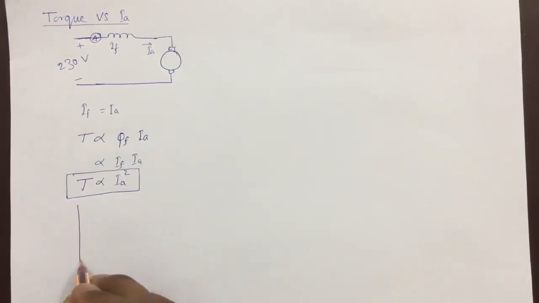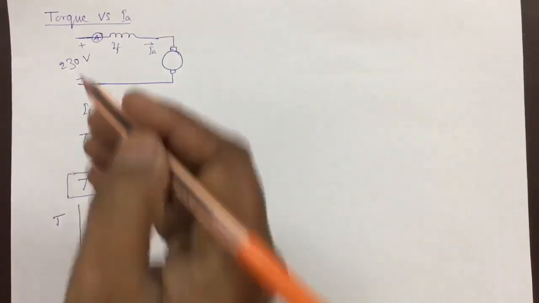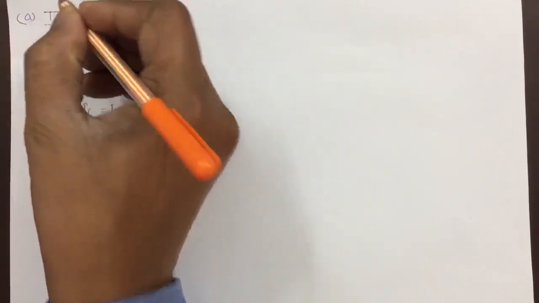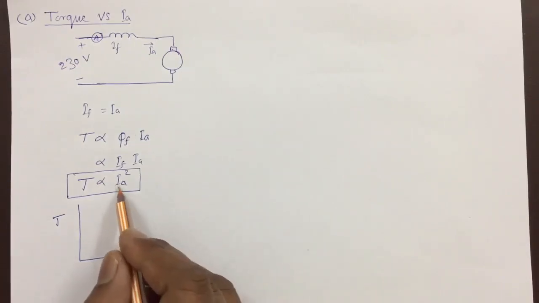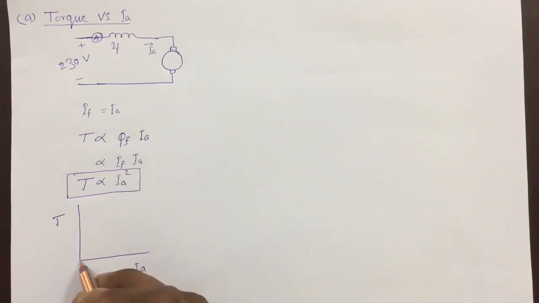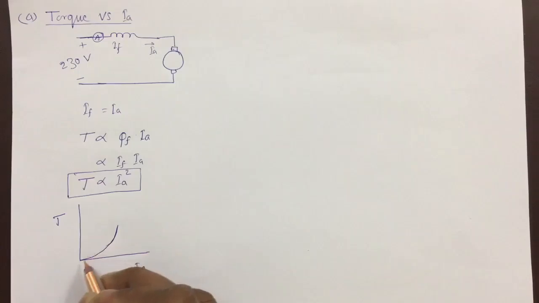It means that if we plot the characteristics as given in part A of the objective, between torque and armature current, then we will find this is parabolic in nature, somewhat like this.